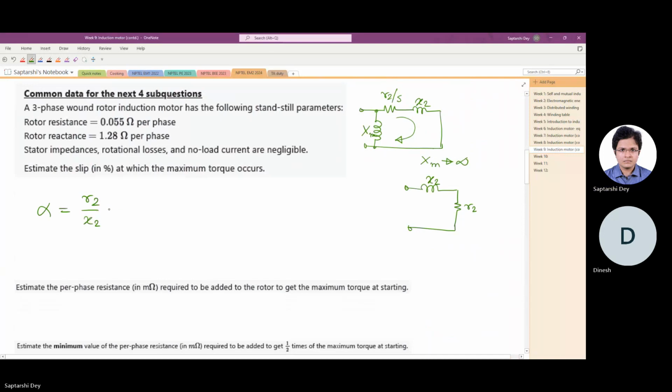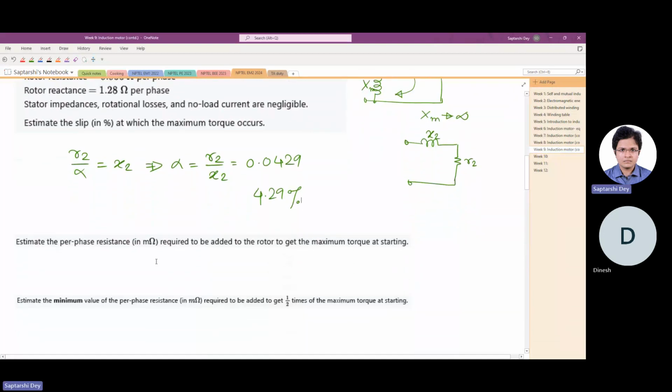R2 by S is X2, so alpha is R2 by X2, which gives, as you mentioned in the comment, 0.0429. That is 4.29%. That is the slip to get the maximum torque.